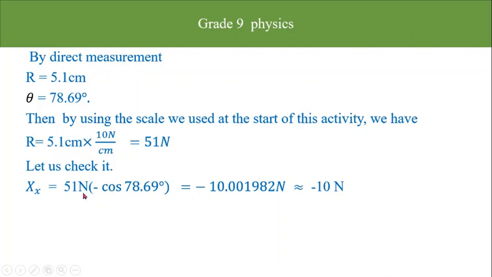So we get 51 Newton times this, which implies negative 10.001982 Newton, which is approximately negative 10 Newton. So correctly, it balances the force which is given in the positive x direction. So negative 10 Newton plus 10 Newton is 0, which is the expected value.